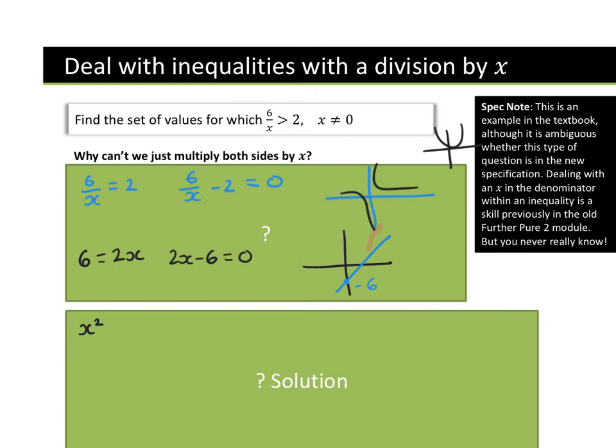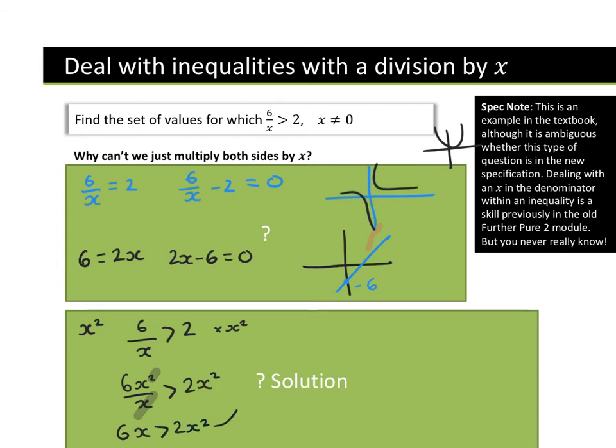Okay? So if you just had 6 over x is greater than 2, if you multiplied everything by x squared, you're going to get 6x squared over x is greater than 2x squared. Okay? This is going to cancel to leave you 6x is greater than 2x squared.